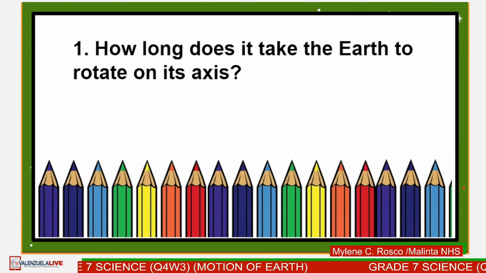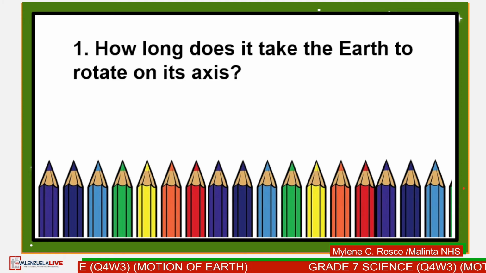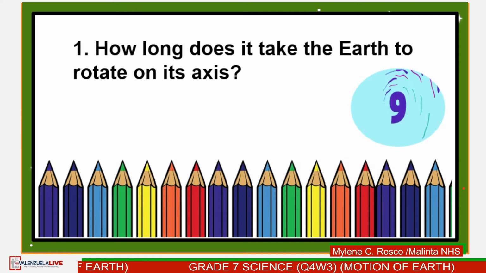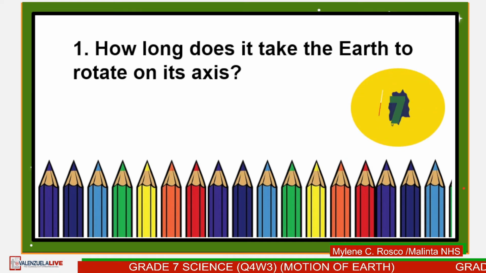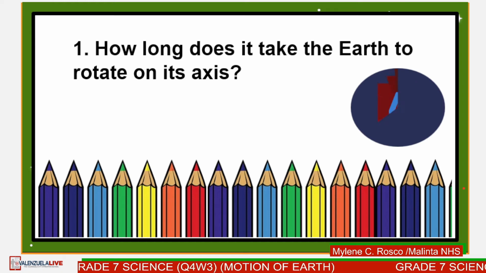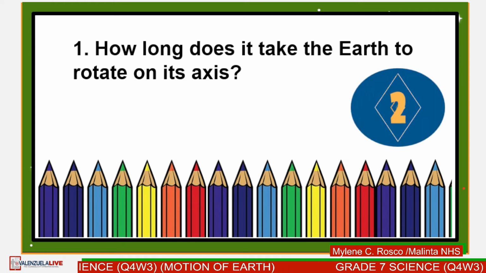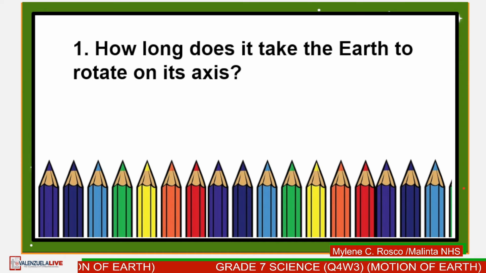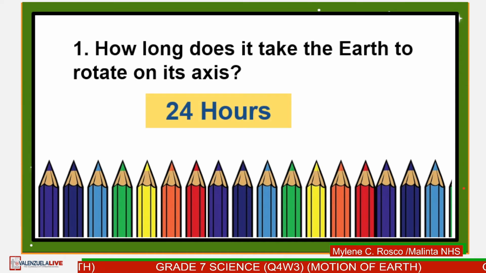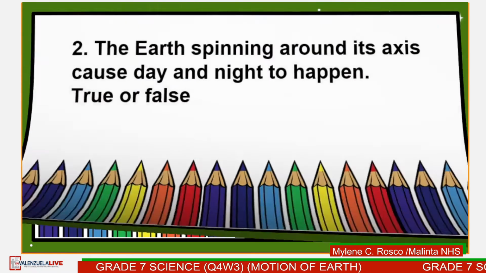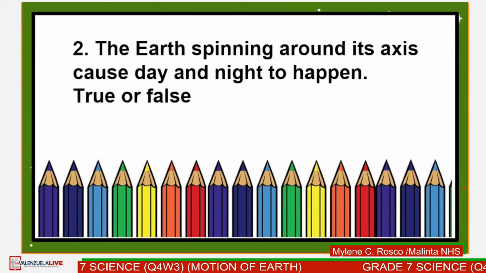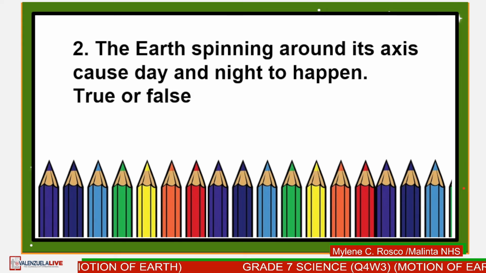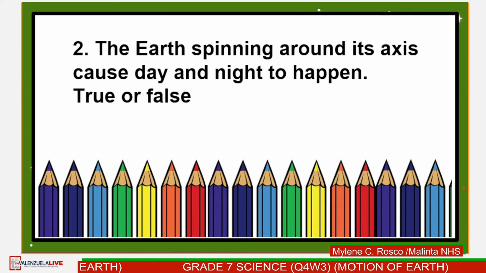Question number 1. How long does it take the Earth to rotate on its axis? The correct answer is 24 hours. Question number 2. The Earth spinning around its axis causes day and night to happen. Is it true or false?